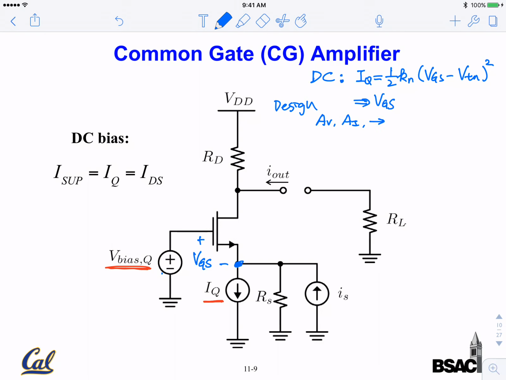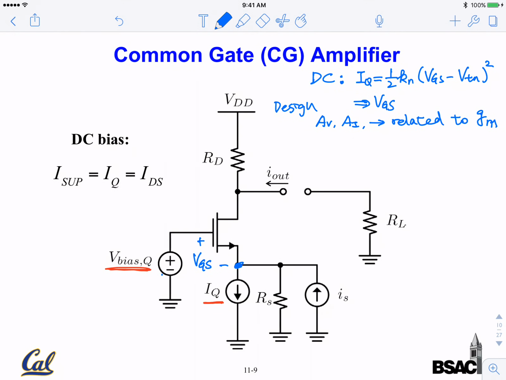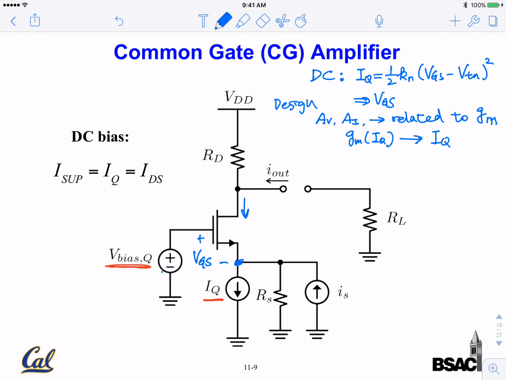These are all related to GM. So basically I select the GM I need. And GM is a function of the bias current, IQ. So by selecting GM, I basically select IQ. So I select what's the DC current flowing through the transistor. I need this current in order to give me the required small signal gain. I cannot bias it any other way.